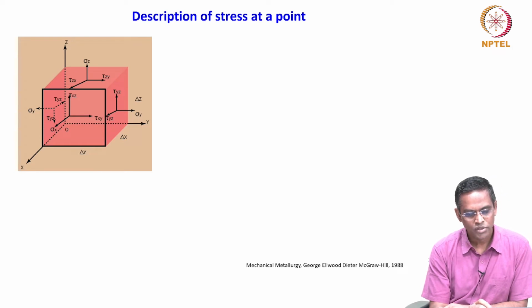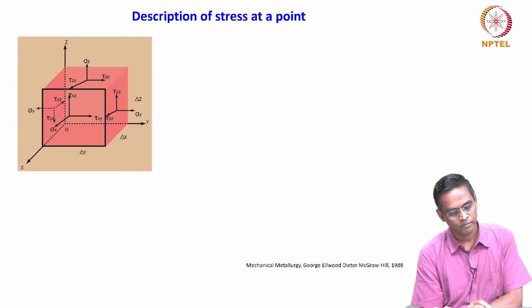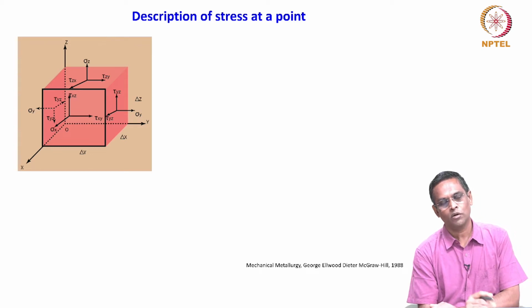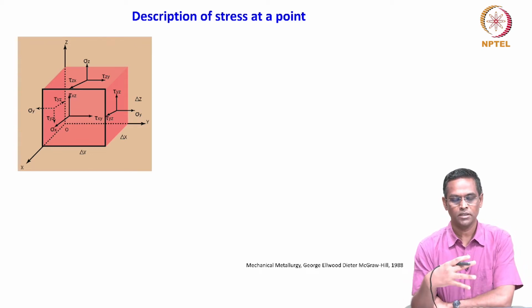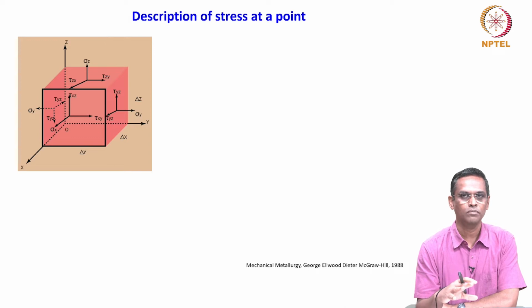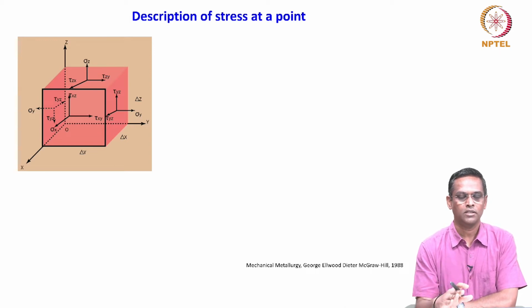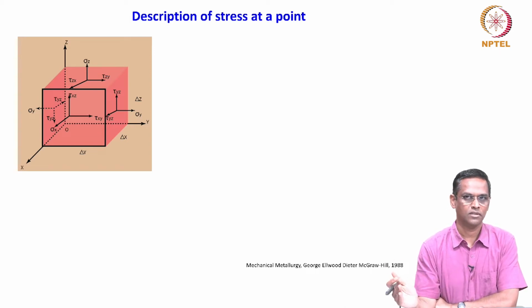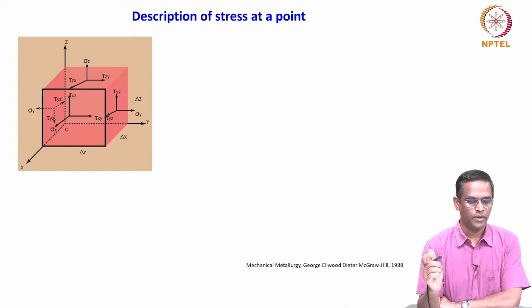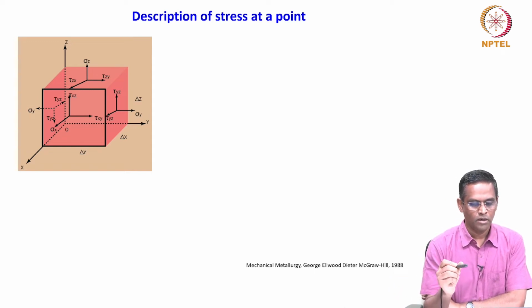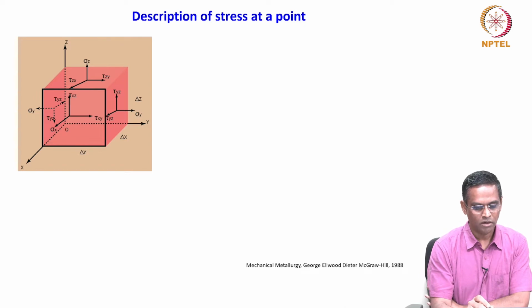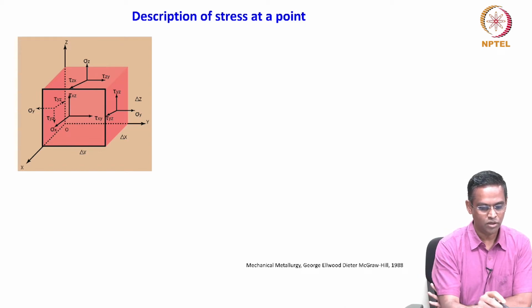As I just mentioned in the previous slides, it is always convenient to resolve a total stress into a normal stress and a shear stress. That is what is shown on each of these faces.